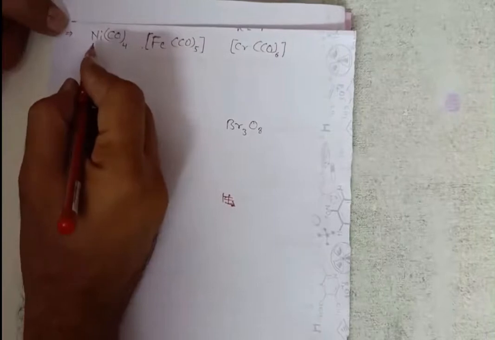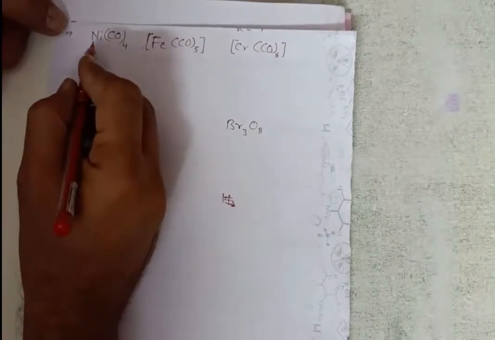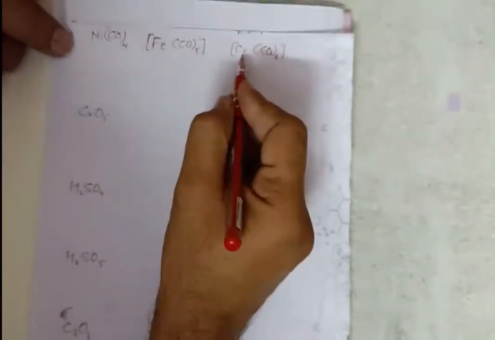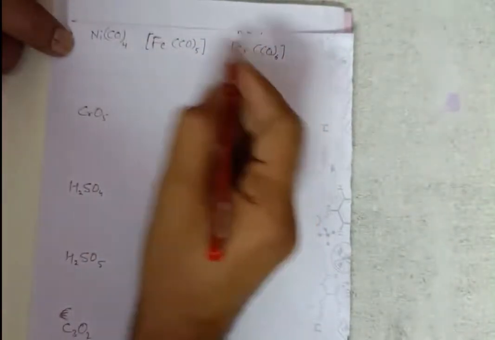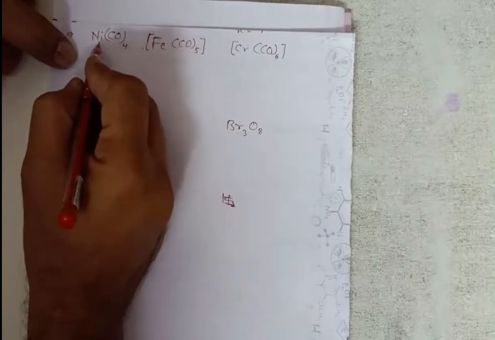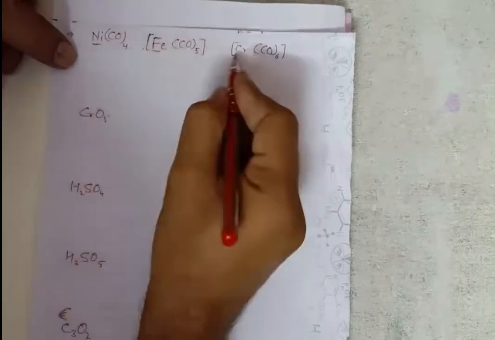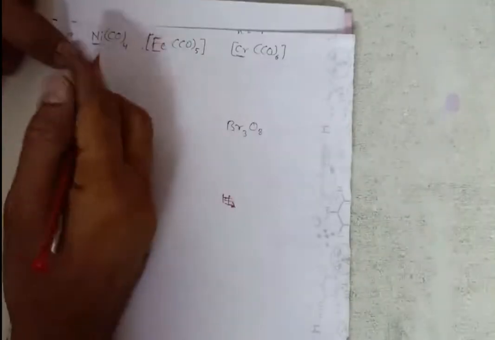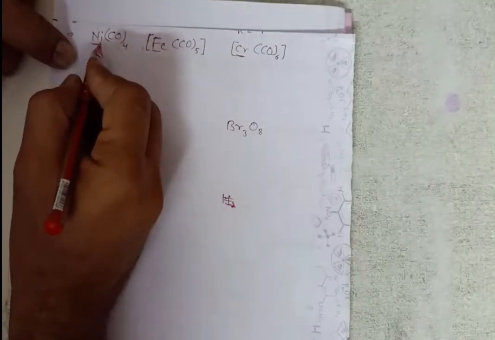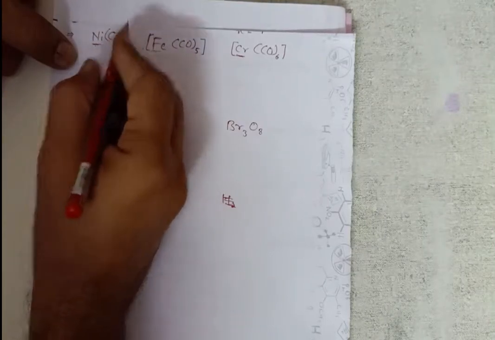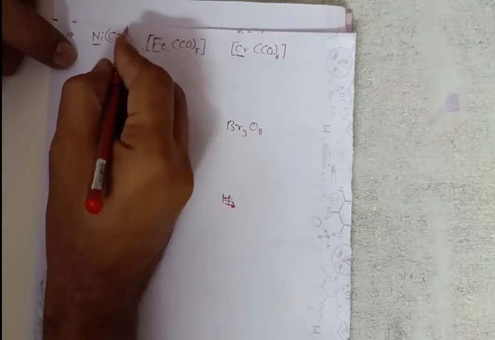The next example is metal carbonyls. This is nickel tetracarbonyl, this is iron pentacarbonyl, this is chromium hexacarbonyl. Students, remember that in metal carbonyls, the oxidation number of metals is always 0. This is a special case. This CO is carbon monoxide. The carbon monoxide oxidation number is always equal to 0.